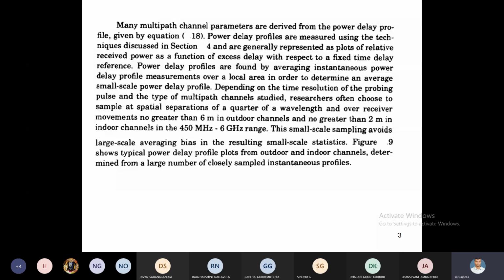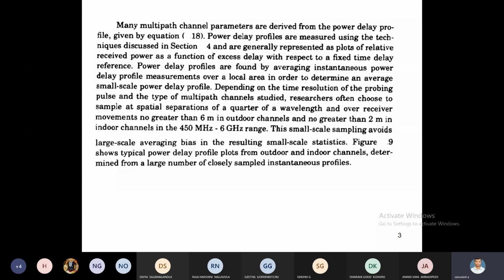The power delay profile can change between indoor and outdoor channels. For outdoor, we have to consider external conditions also. But indoors, the distance between transmitter and receiver is very small. Many researchers have calculated power delay profiles.